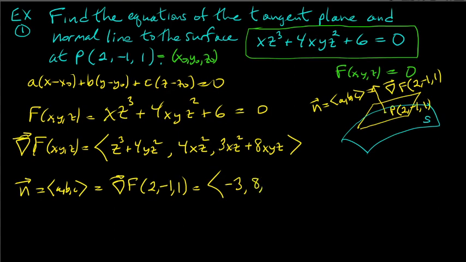And then the z component will be 3 times x, which is 3 times 2 is 6, times 1, and then 8 times 2 times -1 times 1. So this was 6, and then -16. So 6 minus 16 is -10.